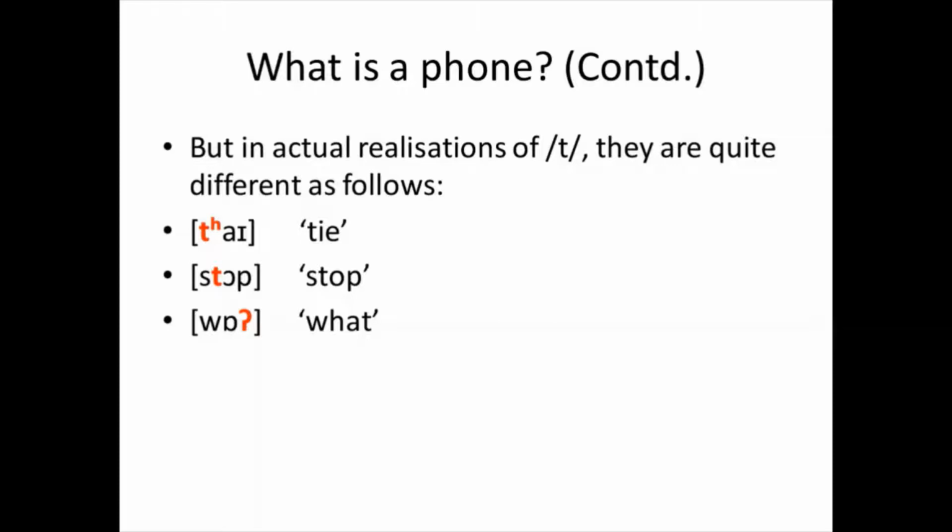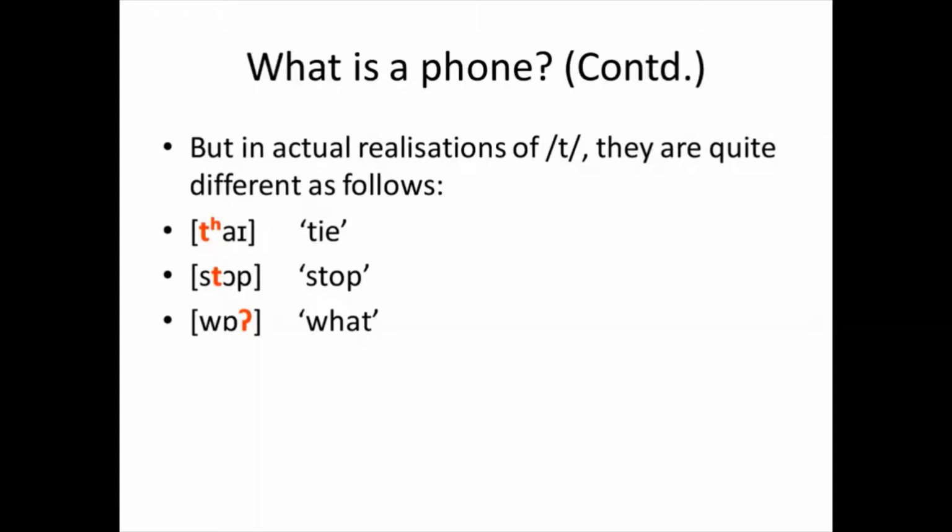It is not aspirated. It is realized as it is in the mind. But in the third example, in British English, instead of the Ghanaian pronunciation of what, you realize it with a glottal stop. So the t we have in our mind is realized with a glottal stop. So one sound, t, can be realized in 3 different phones. First one is aspirated t, second one is a plain stop t, and the third one is the glottal stop.